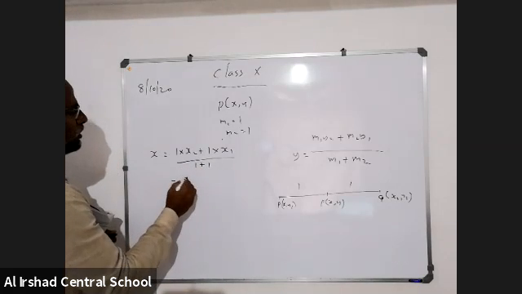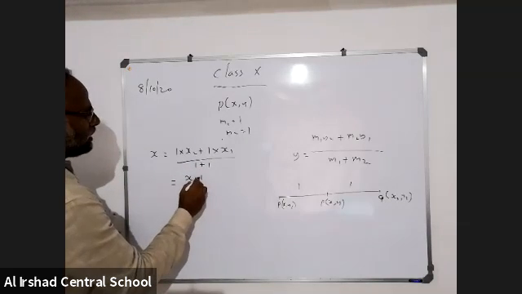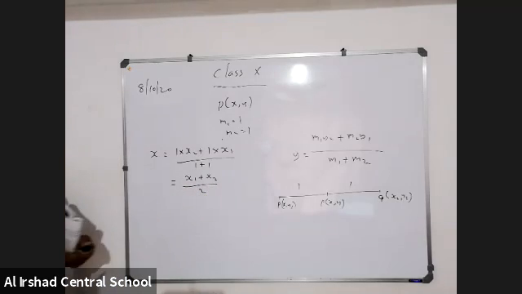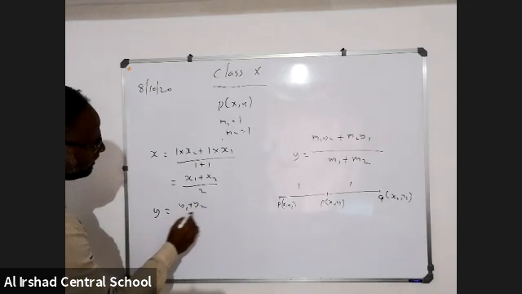That means you got the formula (x1 + x2) divided by 2. This is the x coordinate. Then tell me what is the y coordinate. Simple calculation only. (y2 + y1) divided by 2. Can I write (y1 + y2) divided by 2? Yes, of course.